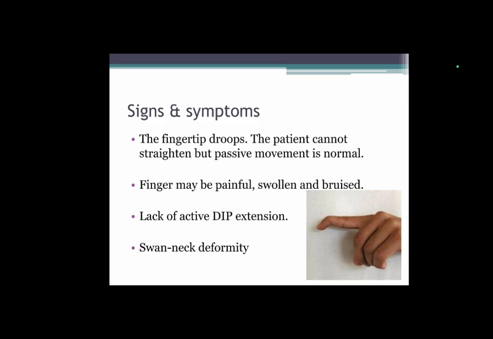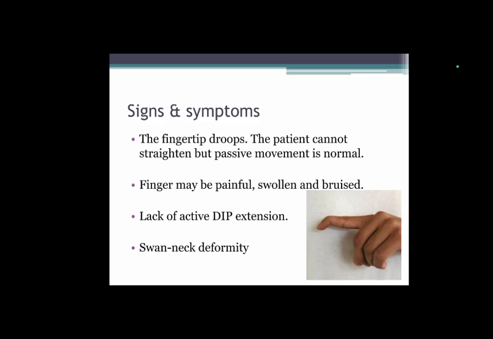The clinical features of mallet finger are usually easy to recognize. Patients commonly complain of pain and tenderness over the distal interphalangeal joint. Swelling and bruising may be present around the fingertip. The most characteristic feature is the inability to actively straighten the tip of the finger, causing it to remain in a flexed position known as the mallet deformity.